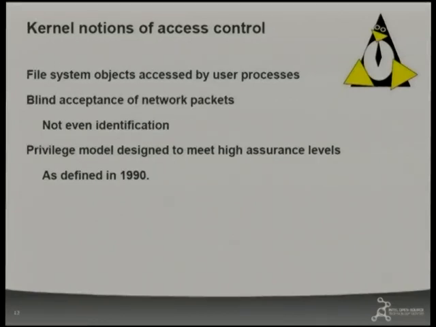So, the kernel notions on access control. The kernel thinks it's got subjects, which are active processes. It's got objects, which are files out there. And it doesn't care about what the application is doing, what the library is. It just has attributes on the program and attributes on the file, and it's going to use those to make the decision.